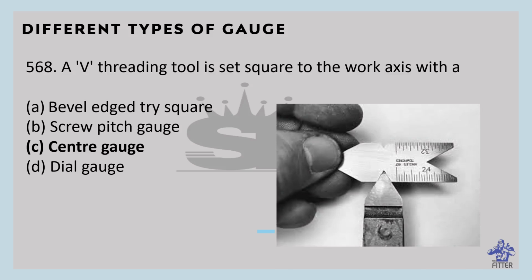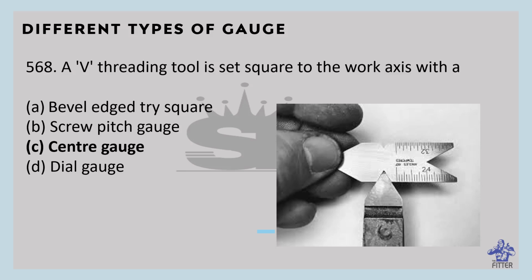Center gauge is used for setting the lathe tool at correct center height. It is used to align the lathe tool with the work. It is used to check the flank angle accuracy of single point metric V threading tools.